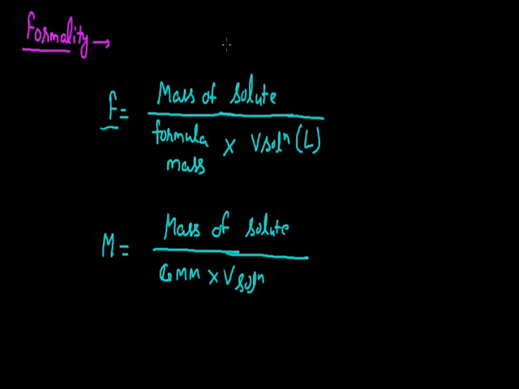So we can see that the mass of solute divided by the volume of solution is the same in these two kinds of concentration terms. The only difference is that here we talk about the gram formula mass, while in molarity we take gram molecular mass, that is the mass of the molecule, and the gram formula mass is the mass of the formula unit, the smallest unit of an ionic compound. So for ionic compounds, instead of writing the molarity of the solution, we prefer to write the concentration in formality.